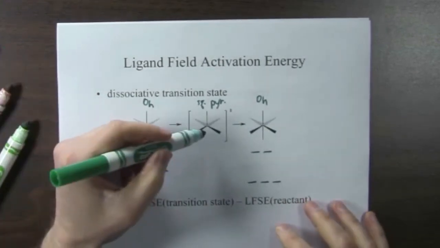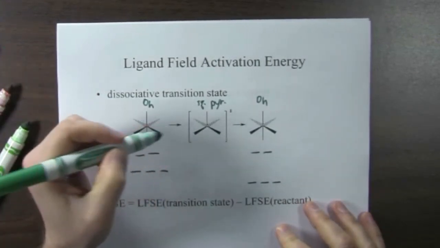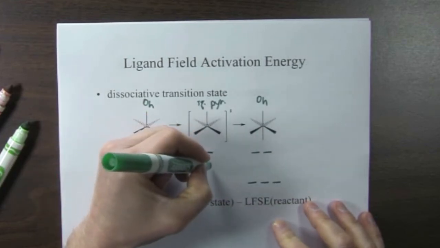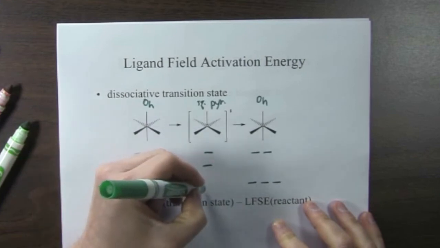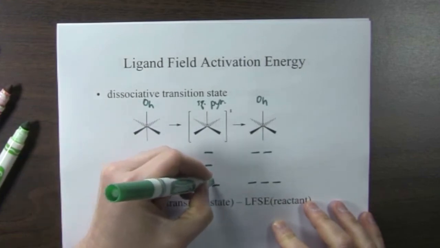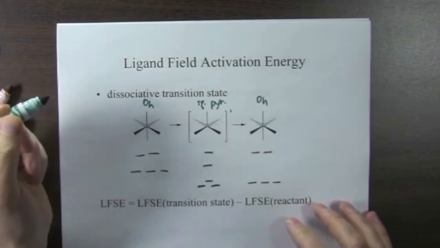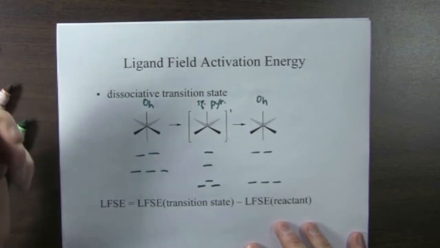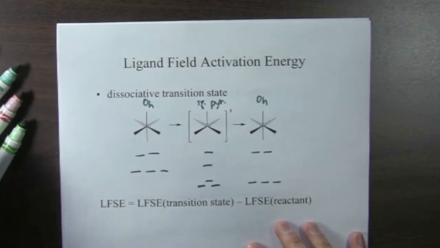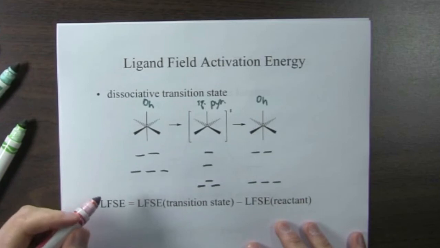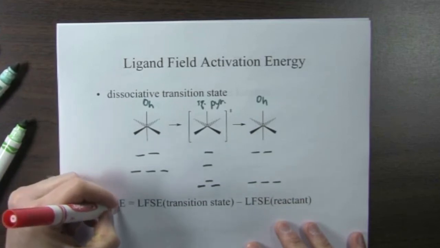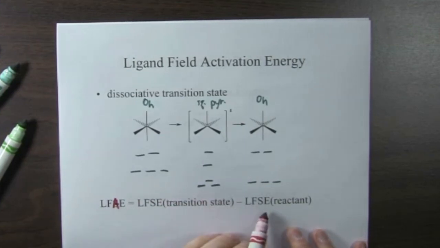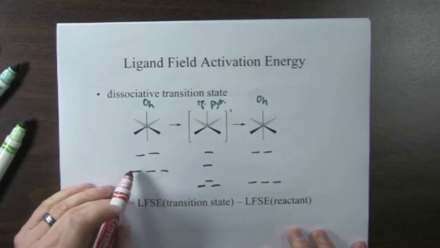In the square pyramid, we lost one of those coordinates, and so that decreases in energy one of the top 2, and the bottom 3 actually shift a little bit as well, although not very much. So this is the ligand field splitting we'd expect for a square pyramid. And so we could calculate what is the ligand field activation energy by taking what is the ligand field stabilization energy of the transition state minus the ligand field stabilization energy of the reactant.